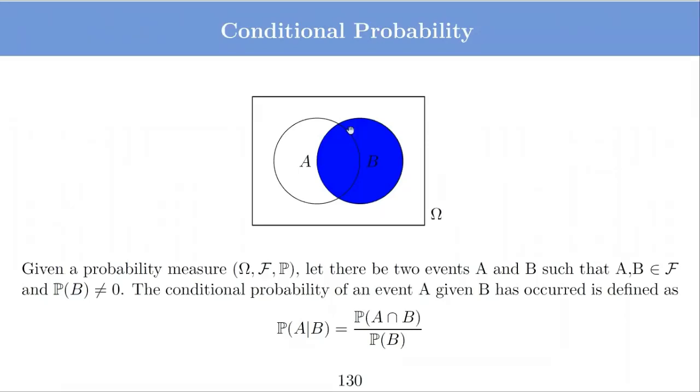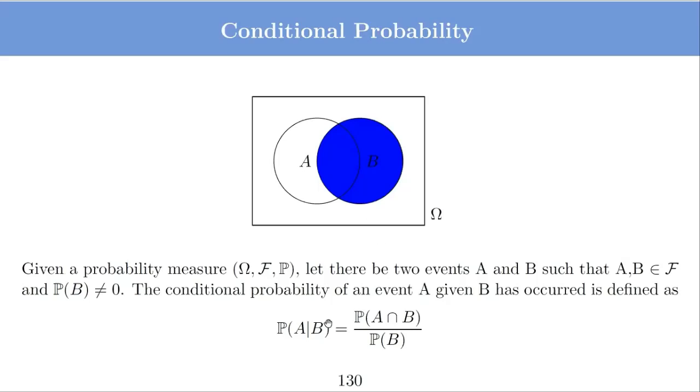So what I do is I take this B, compute the probability of B, and then I take this A intersection B and compute the probability of that. And then the ratio of the two is known as the probability of A given B, which denotes that if I look only at the outcomes where B has occurred, what is the relative probability that A has also occurred.